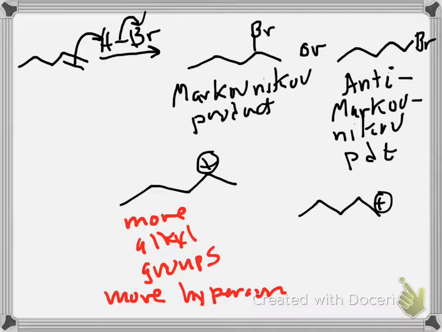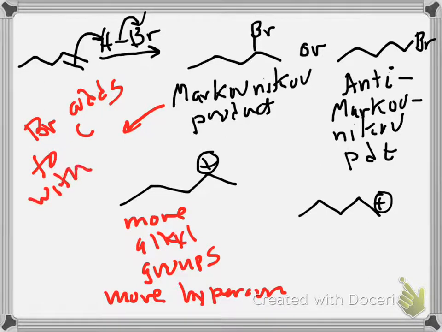Now, Markovnikov is a loose term that means that the bromine, in this case, adds to the carbon that has more substituents. So the definition is the Br adds to the carbon with more substituents.